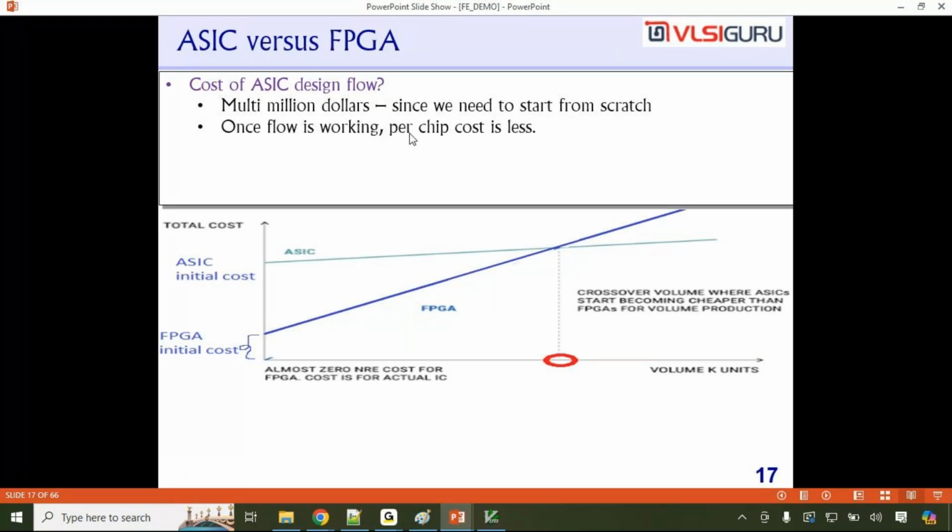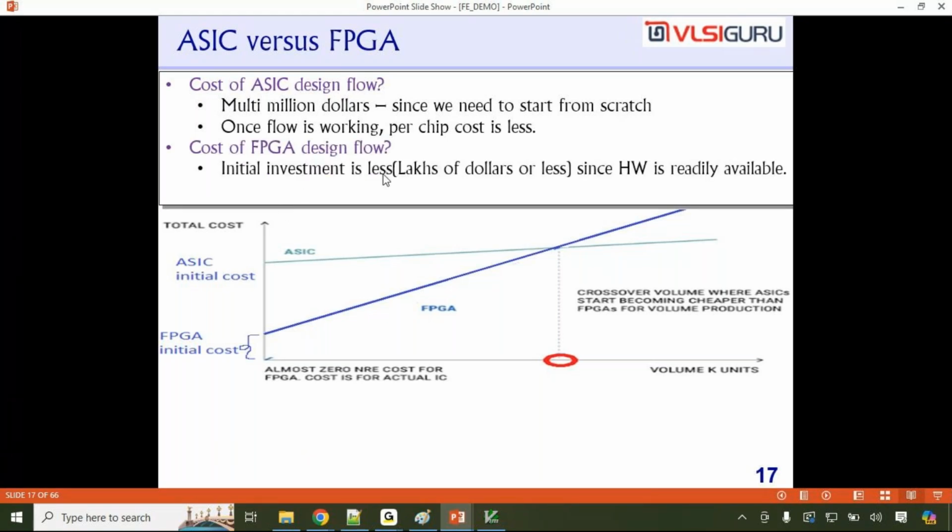But once the flow is working, once I know that I'm able to manufacture a chip without any issues, the per-chip cost will be less. The manufacturing cost per chip will be less once the flow is working. Talking about the FPGA design flow, the initial investment is less.